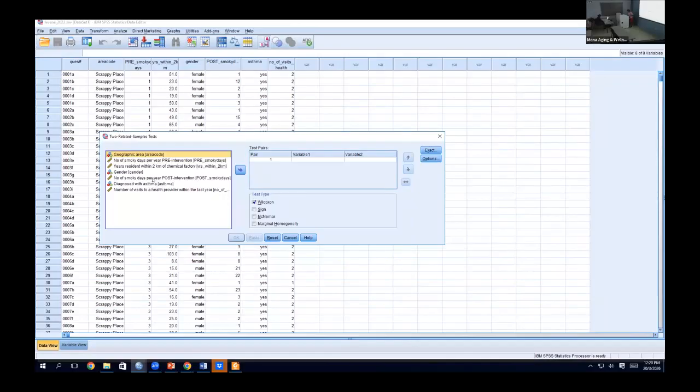What's our thinking? If it's pre minus post, the number of negatives should indicate what? And the number of positives should indicate what?